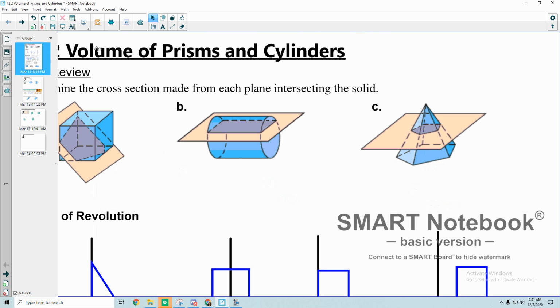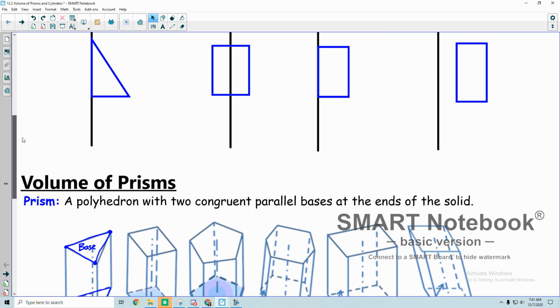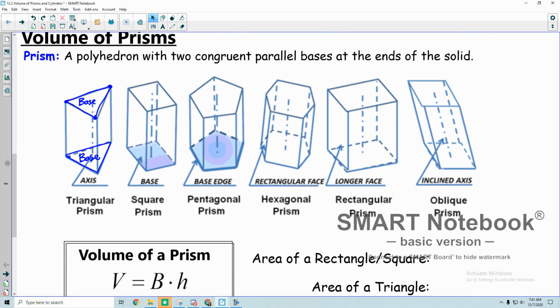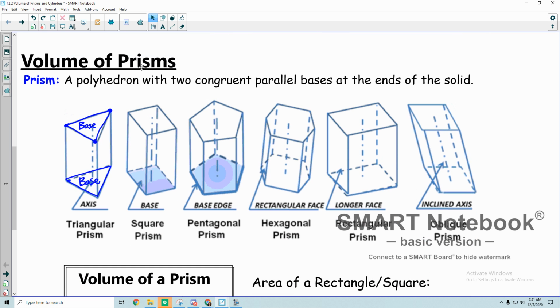In this video, we're going to be focusing on finding the volume of triangular prisms, square prisms, and rectangular prisms. We won't worry about the other ones; those are a little bit trickier. But for our sake, we're going to be good enough with finding just triangle, square, and rectangular prisms. How do we find the volume of each of those?